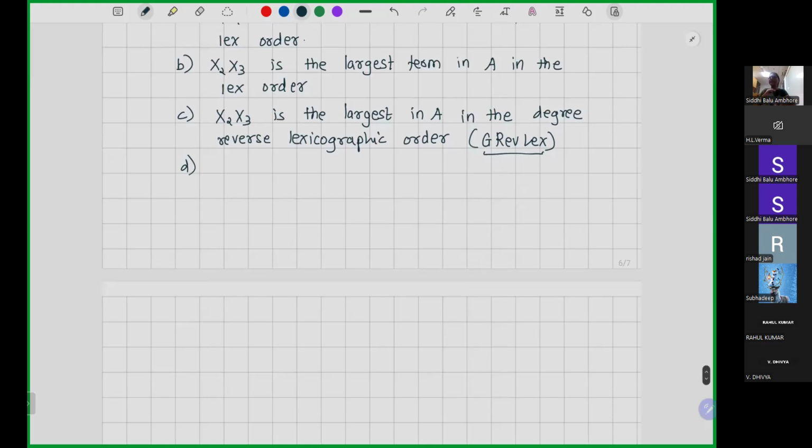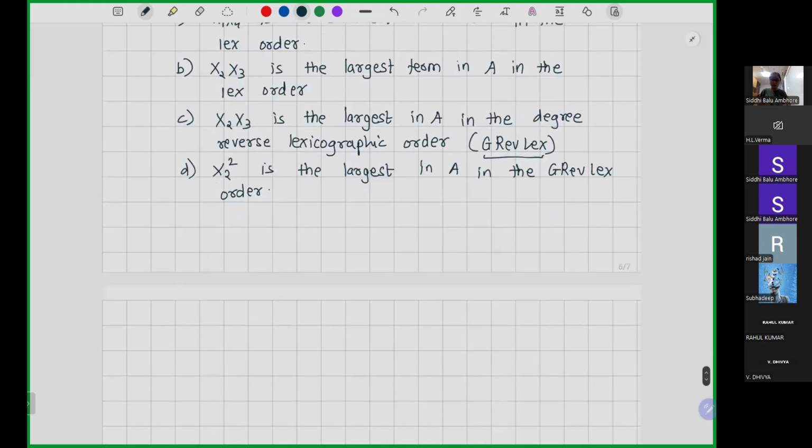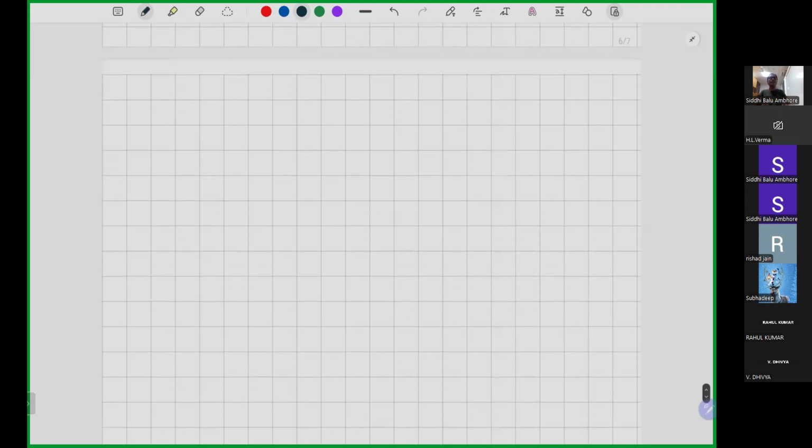So I won't be writing entirely degree reverse lexicographic, just the shorthand. My next option is that x2 squared is, again, the largest in the G revlex order. Okay, so we have to deal with two orders right now: lexicographic order and this G revlex, that is degree reverse lexicographic order. And any guesses?